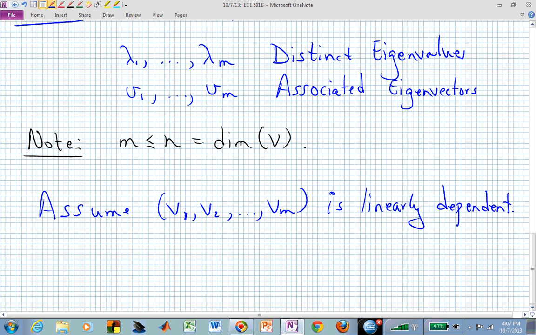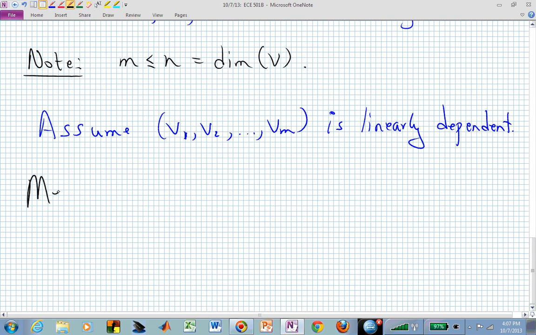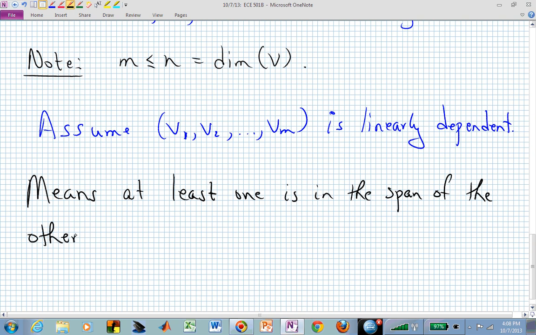So let's say then that at least one of these vectors, v1 through v sub m, is in, let's say, the span of the other vectors.